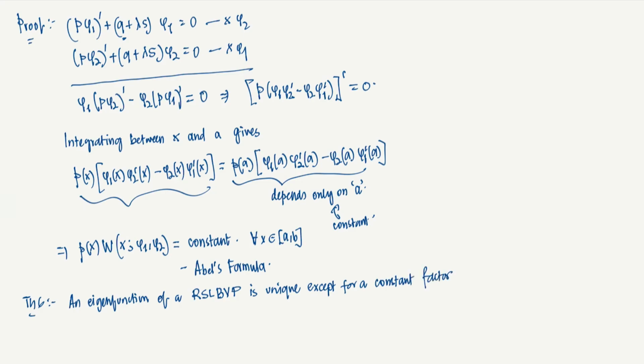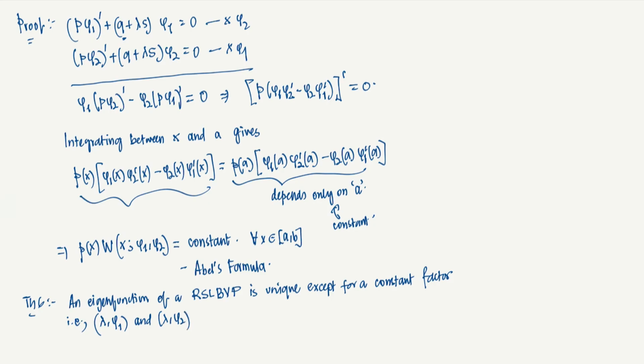I mean that if you have an eigenvalue lambda, maybe I can write it here, that is, if (lambda, phi1) and (lambda, phi2) are any pair of eigenpairs.